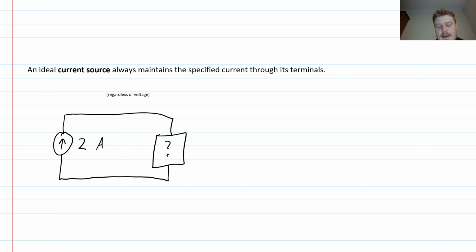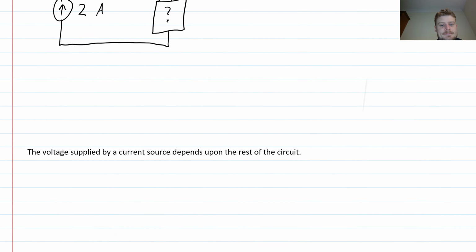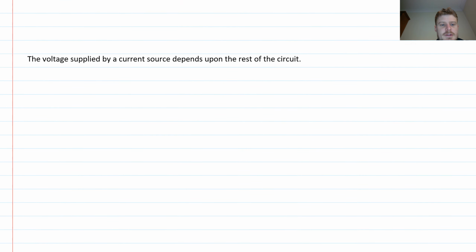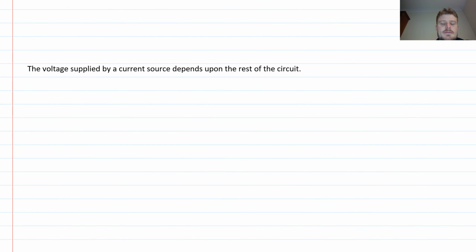Again, all of the caveats of ideal sources apply here. This is something that will always maintain this current, but it can't exist in real life. A real-life current source has limits, and we're saying here that we're just neglecting those. The voltage that is supplied by a current source will depend upon the rest of the circuit.